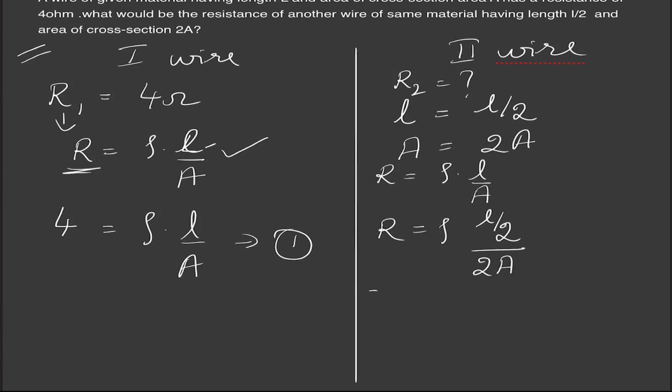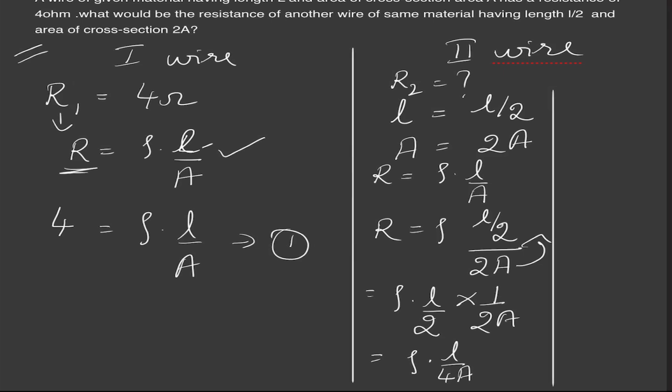That is equal to rho into (L by 2) by A. On simplifying, I take the 2 to the numerator, that is 1 by 2A, which is equal to rho into L by 4A.